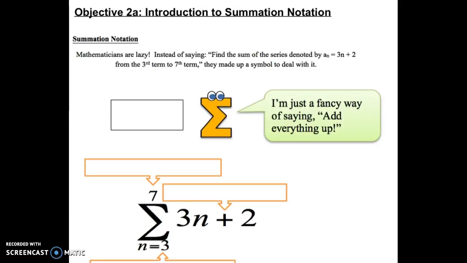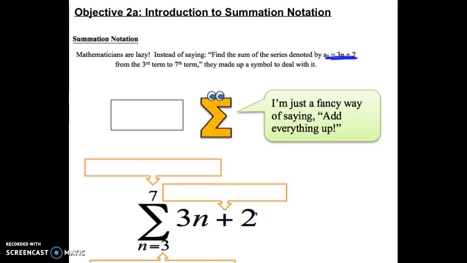This handout says mathematicians are lazy, and it's true. They have come up with so many different formulas that help you do computation so much quicker than just by doing it longhand. So instead of saying find the sum of the series denoted by this explicit formula that also exists down here, from the third term to the seventh term, they made up a symbol to deal with it.